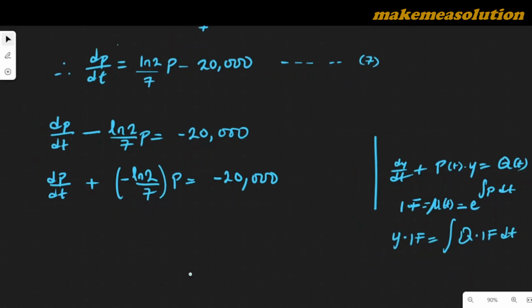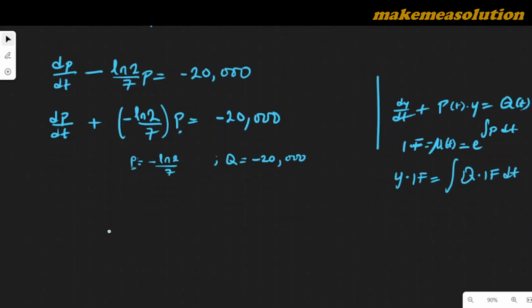So for this particular one, you already know that this value is your p. So this p and this p are totally different. This p is actually the coefficient function, which in this case is constant, negative (ln 2)/7, and our q is actually negative 2 times 10 to the power 4, which is negative 20,000.